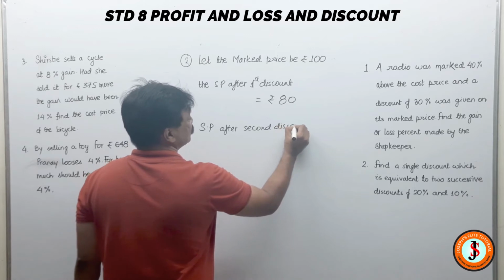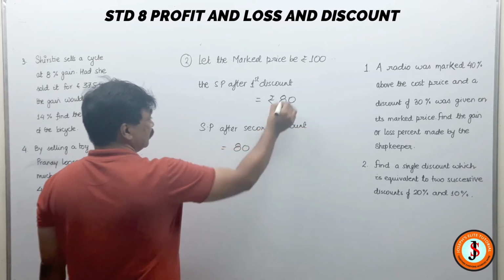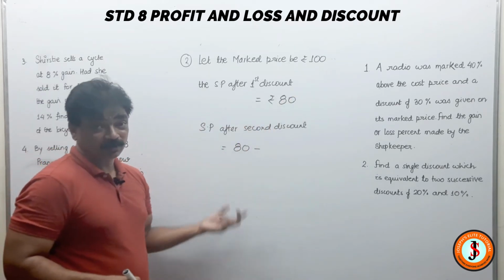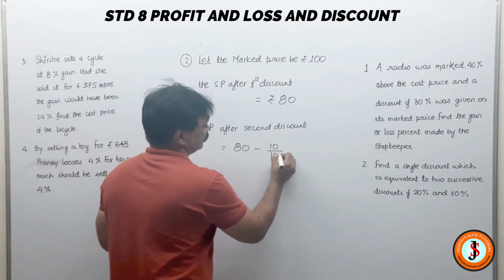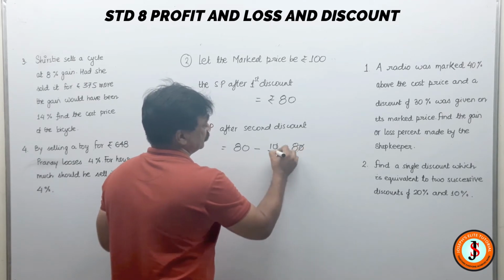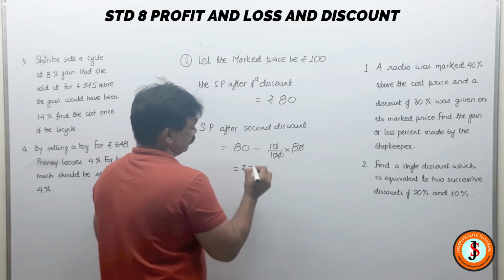The successive discount means the next discount is given on the reduced price. So now the reduced price is 80. So 10% of 80 is 8 rupees. So now the selling price is 72.